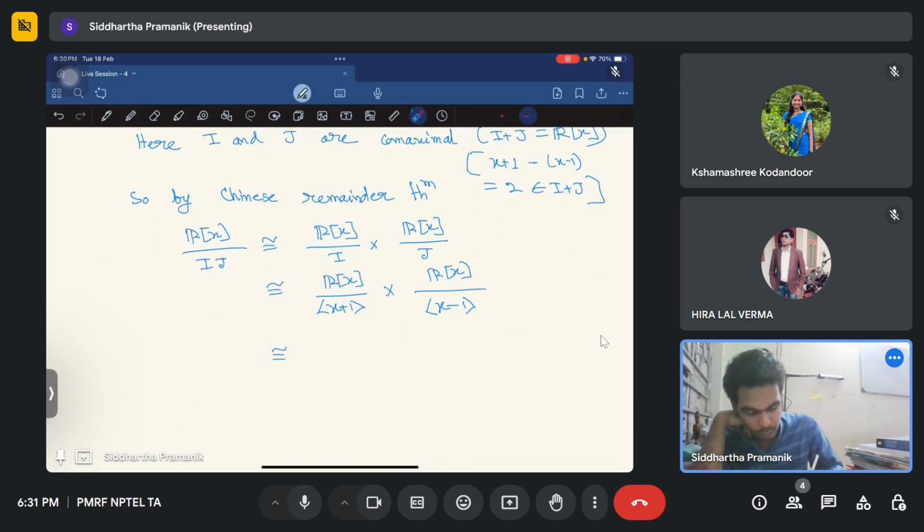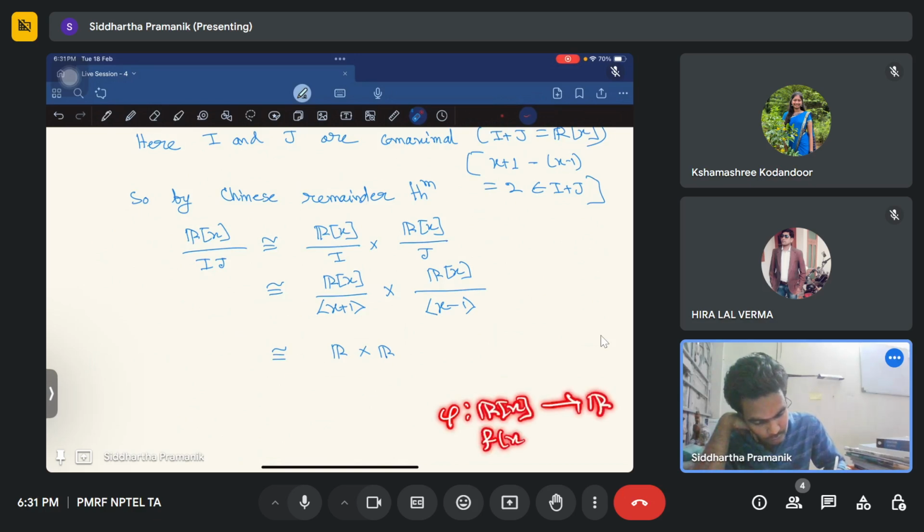Both are actually isomorphic with R. Recall, we have proved that R[x] mod the ideal generated by x is isomorphic with R. How did we prove this? We defined phi from R[x] to R by evaluating, phi of f(x) mapping to f(0).